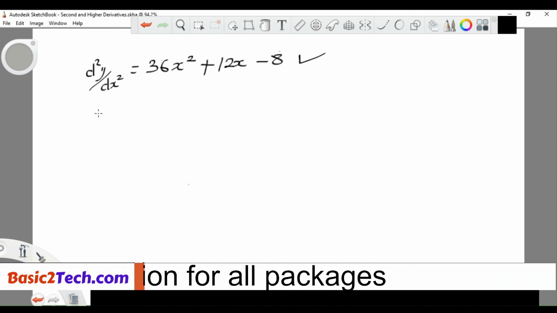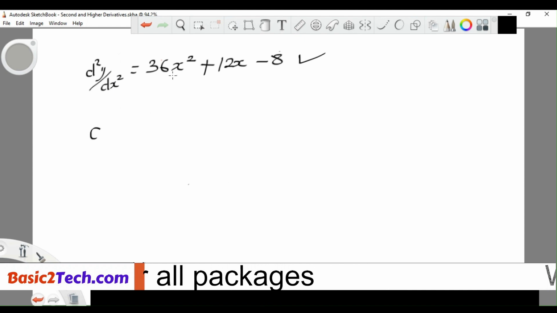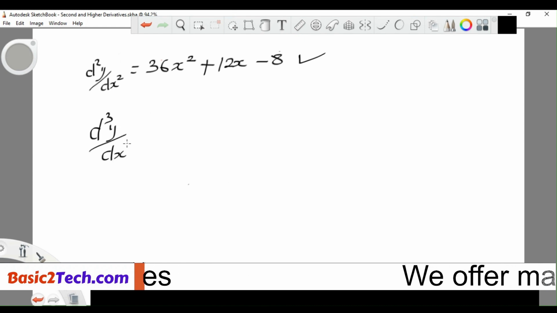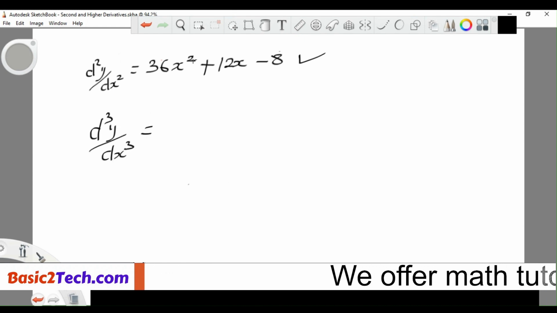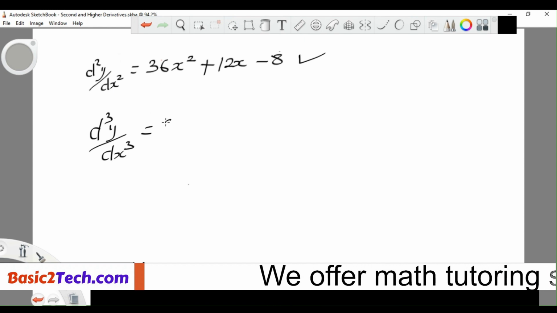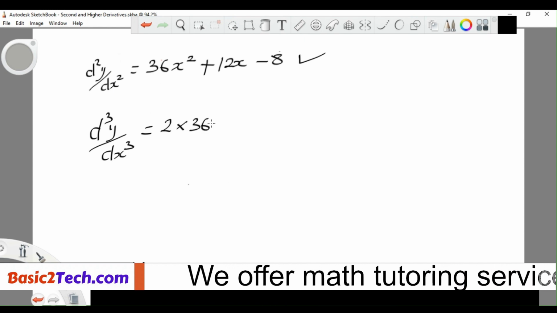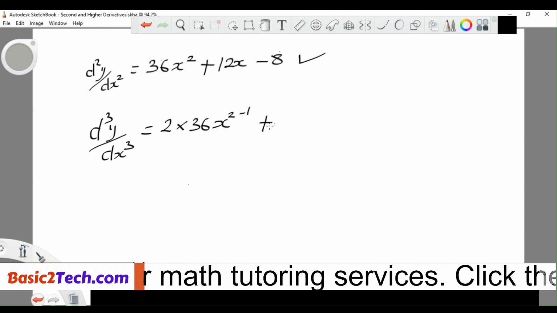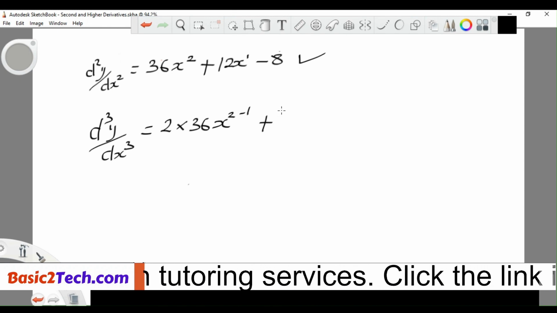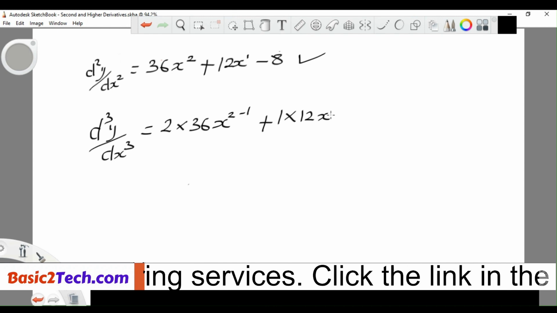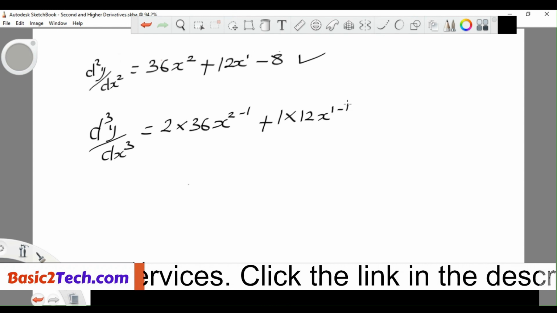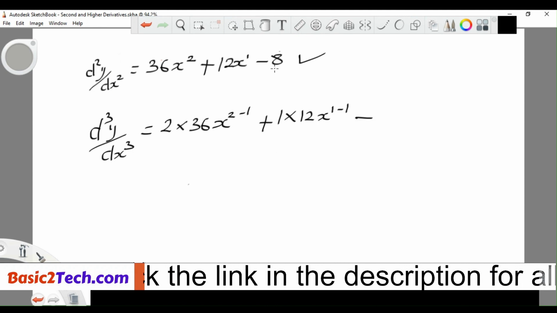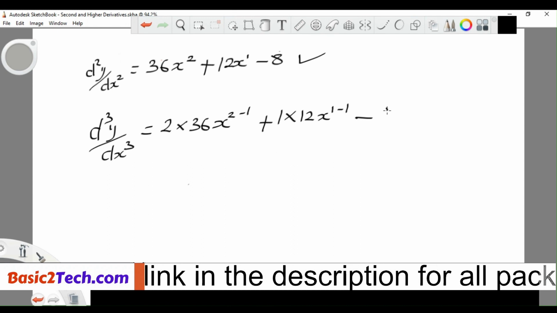So to differentiate a third time, that means we have to differentiate this function again. So we have d cubed y over dx cubed equal to, again, the power times coefficient. So we have 2 times 36x, 2 minus 1, plus, this is power 1, so 1 times 12x, again 1 minus 1, minus 8. 8 is a constant. When we differentiate a constant, we get what? 0.